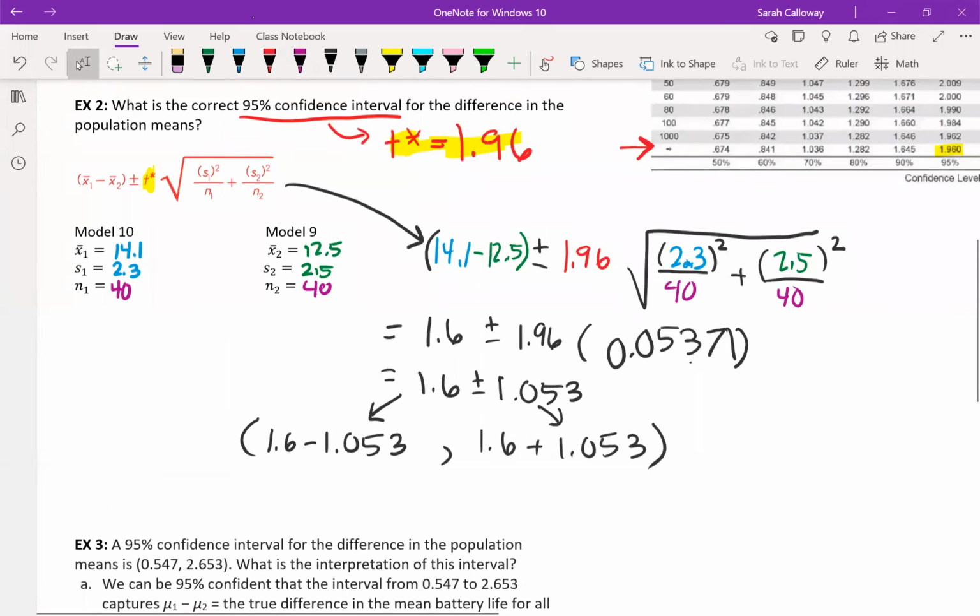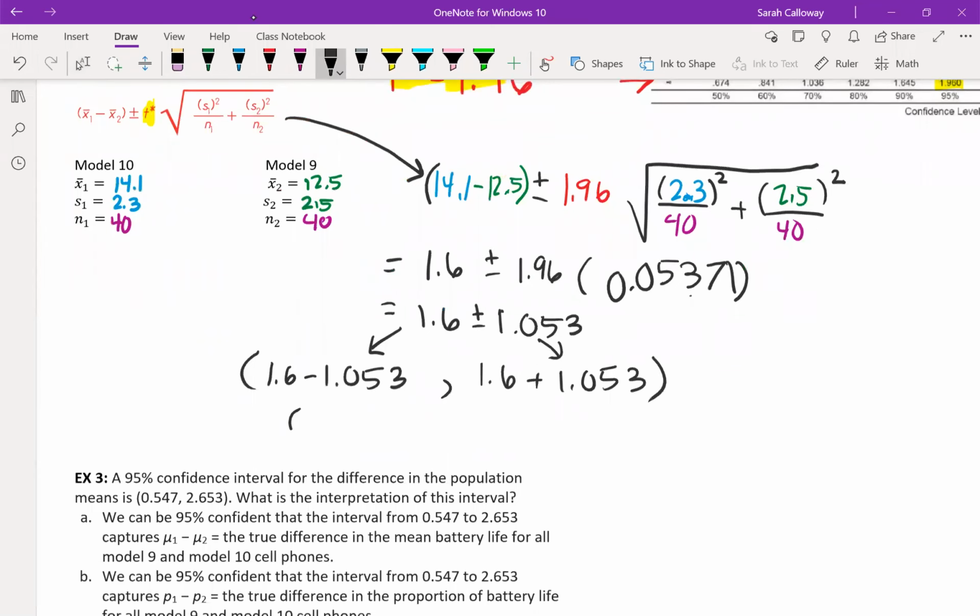Combining those values, I get 0.547 as the lower bound for the mean that we're estimating, and 2.653 as the upper bound. Remember that this is talking about the difference in mean battery life for these two models.